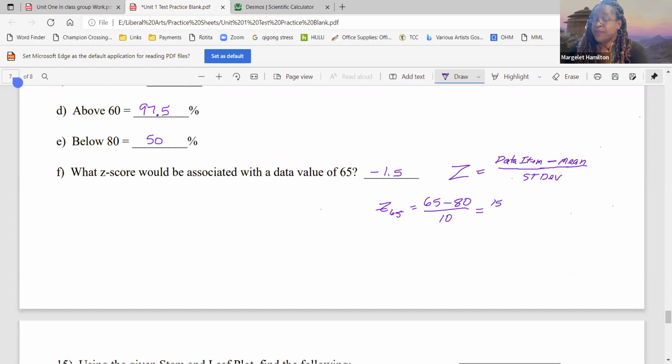But not just 15, but negative 15. Is everybody good with that? Yes. Divided by 10. Do you see it coming out now? Oh yeah. When we divide, we're going to get that negative 1.5. And so here's us using our z-score formula.